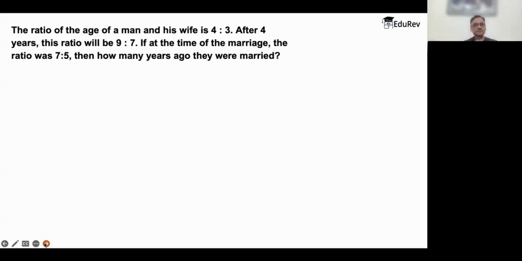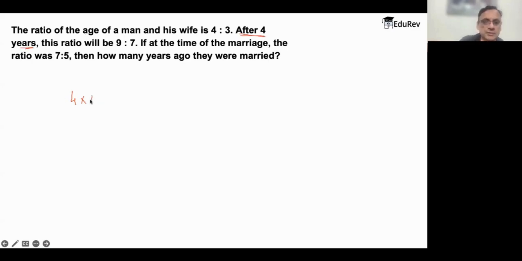Nice question. Let's say the age of the man right now is 4x. So we'll say the man right now is 4x. And this question says after 4 years. So right now his present age, I'm assuming to be 4x.